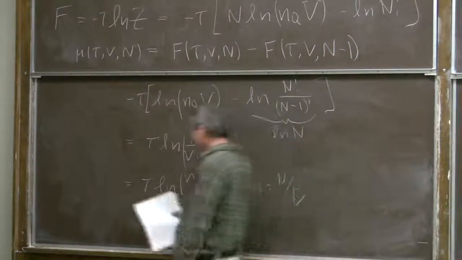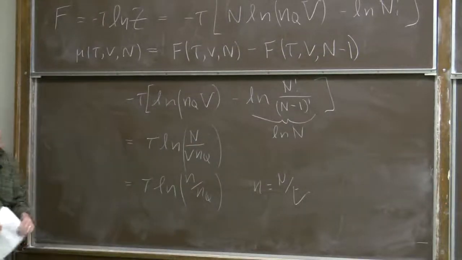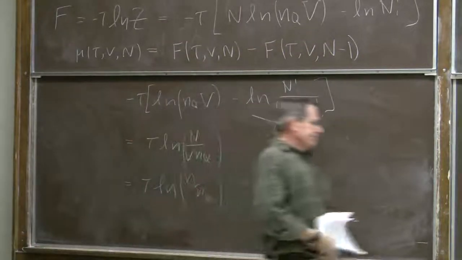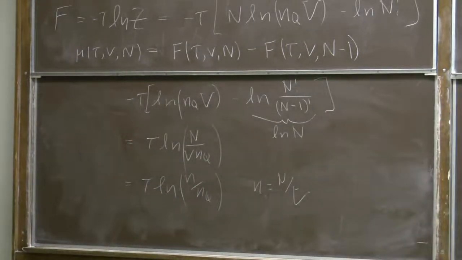And what we could ask is, what would happen if we have two ideal gases, both in equilibrium with the reservoir at temperature tau, but with different concentrations.